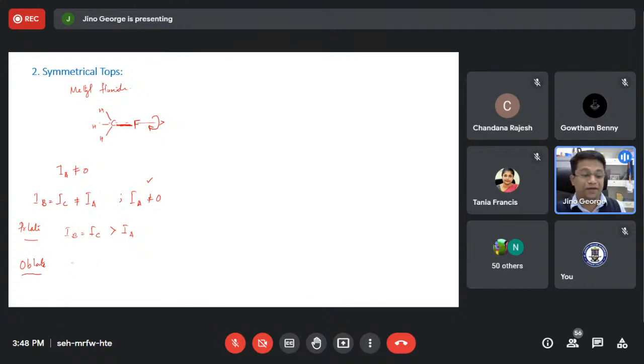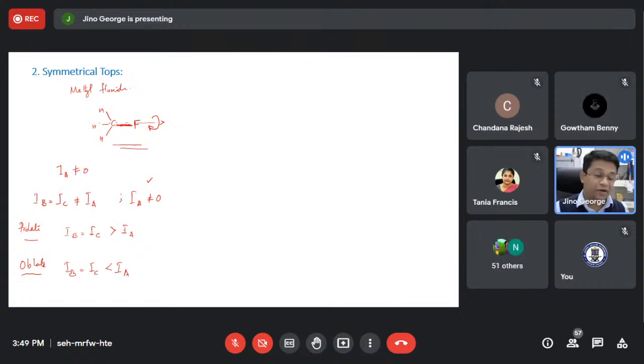For oblate, IB equals IC, which is less than IA. Oops, I'm writing something wrong. So prolate and oblate. Here, methyl fluoride is the right example. It's a prolate symmetric top molecule, in which IB is equal to IC, which is always greater than IA, because IA is a small quantity.